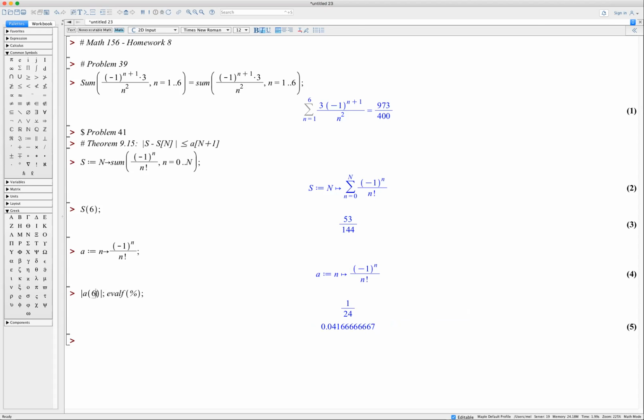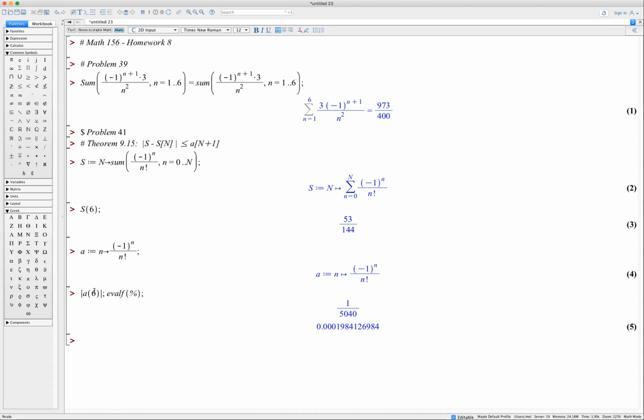If I take 6 terms, it's a little bit bigger than 0.001. If I take 7 terms, the error is going to be less than 0.001.